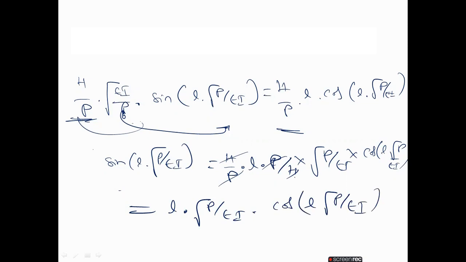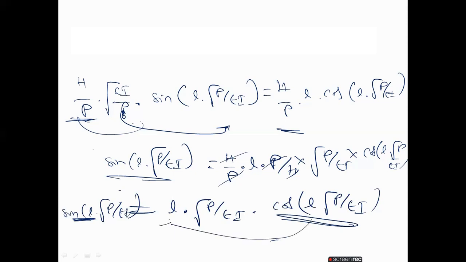Okay. So now I will write again. Here we have sin(L√(P/EI)). If I send this portion to the left-hand side, sine by cos happens as a tan.